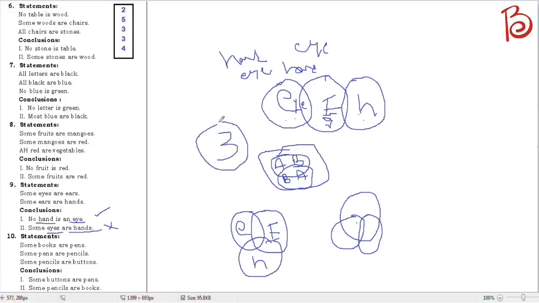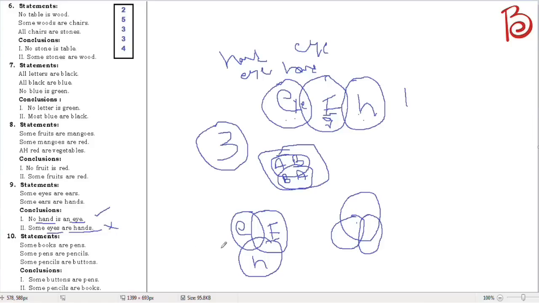Suppose if you don't have time at the end of the exam, and you got only maybe 10 seconds, and if you see these questions, and blindly put the option as 3, 95% it will be right.